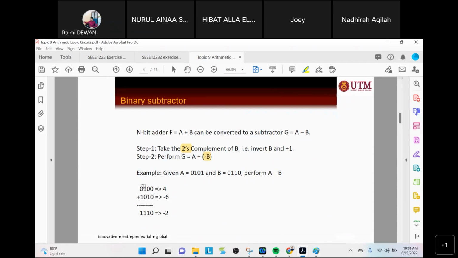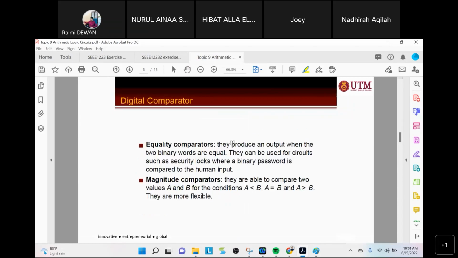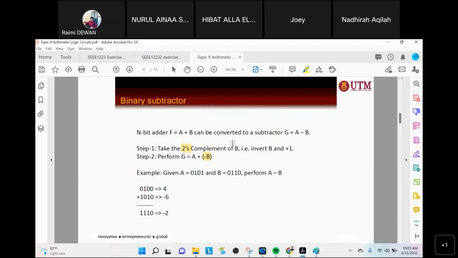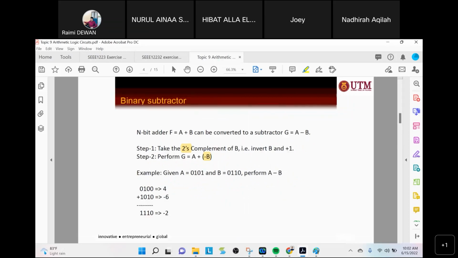You see 0, 1, 1, 0, but this one already means negative 6. 1, 0, 1, 0. Okay, so this one is a subtractor. So I give you the answer.